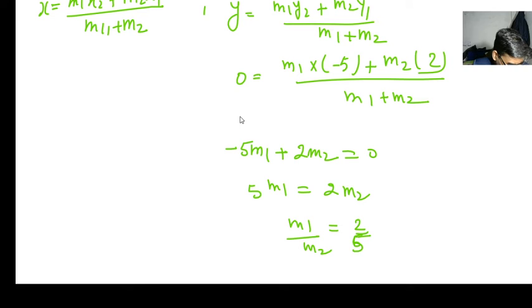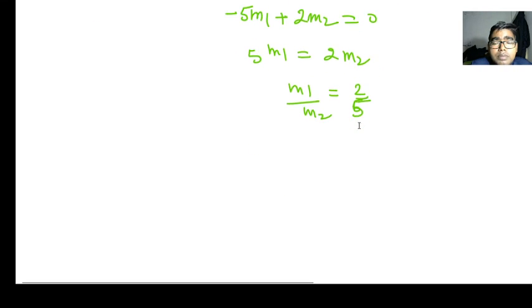So the ratio m1 upon m2 is 2 is to 5. Move to the next question.